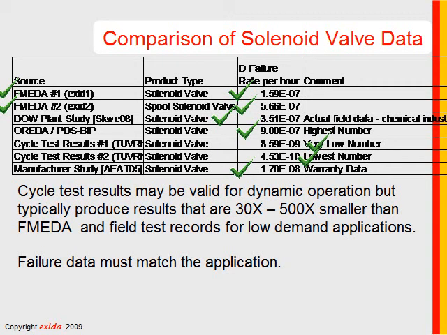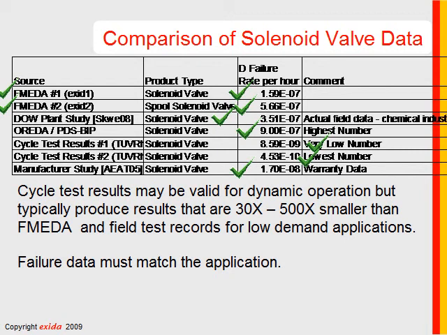It's from a manufacturer's warranty study, and it's pretty optimistic, but not nearly as optimistic as cycle test data. So the bottom line is, B10 data is not suitable for low demand applications where the products aren't moving.